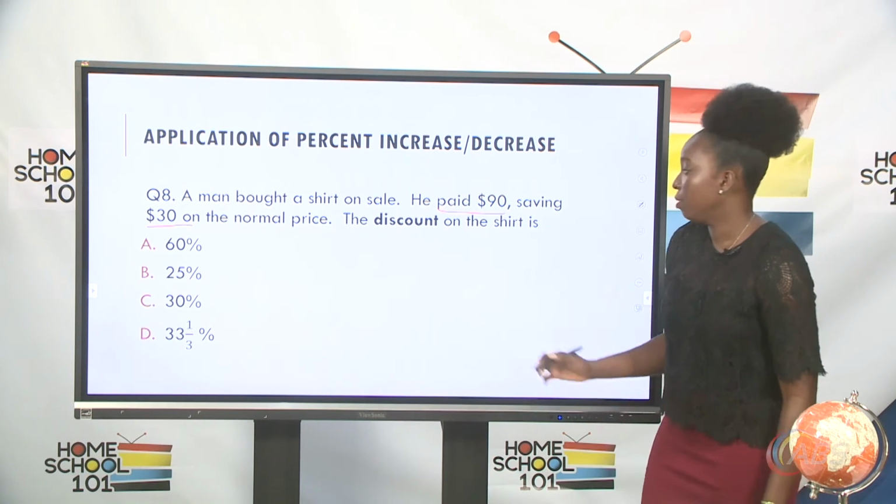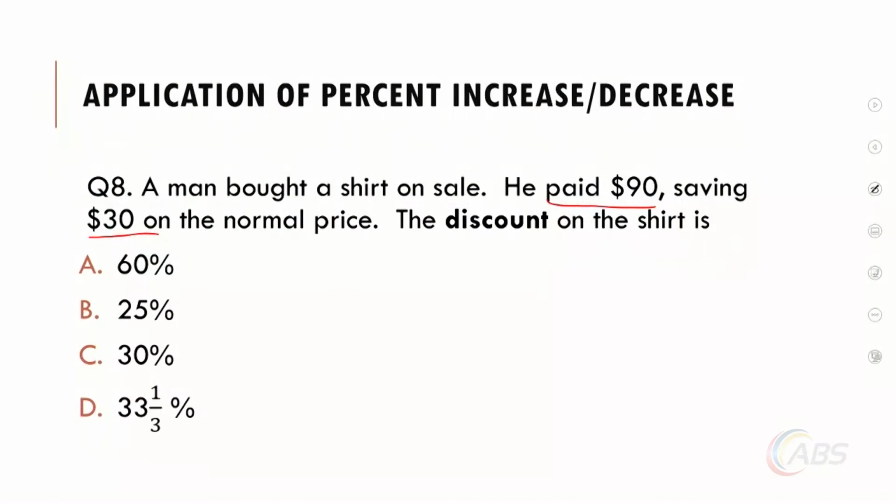So if we add what he paid for it and the discount, we will get the original cost price. And so we will add $90 plus $30, and we get $120.